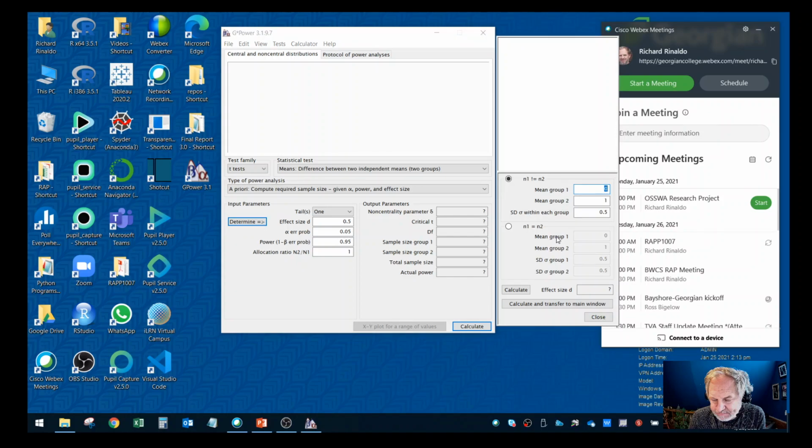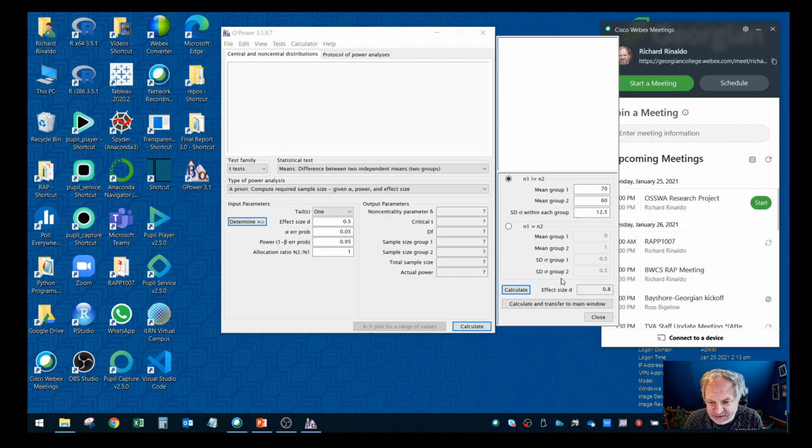N1 and N2. So a mean of 70, mean of 60, and the standard deviation within each 12.5. And I can calculate my effect size, 0.8. I can then transfer that to my window. It's kind of a funky program.